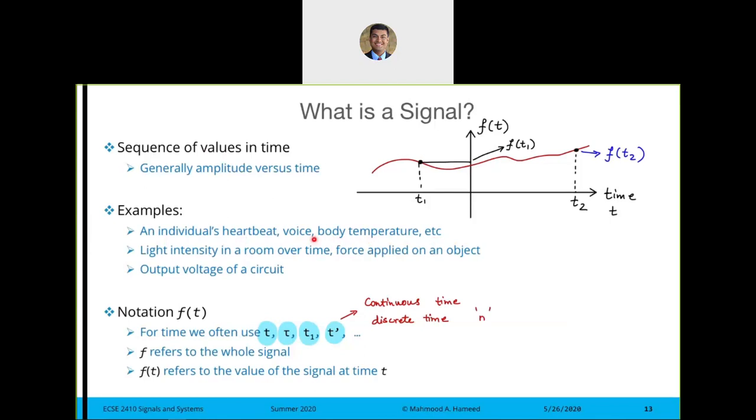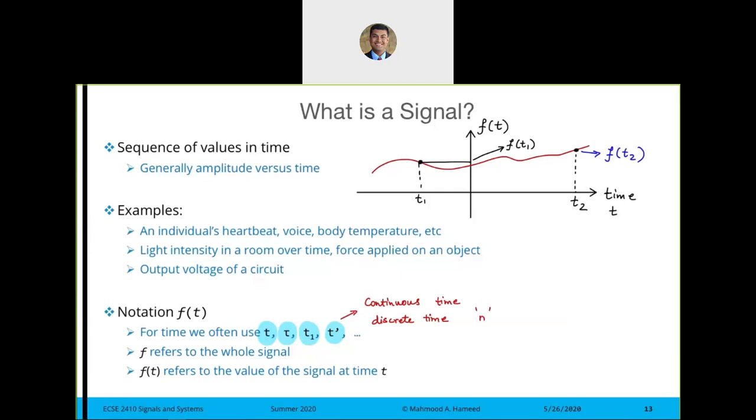Now, I write these things because I want you guys to relate to this topic of signals as something that is very real, and you have all those signals as well. So you can think of it in terms of personalized exercises as well. Light intensity of a room over time, force applied on an object with respect to time, output voltage of a circuit with respect to time.